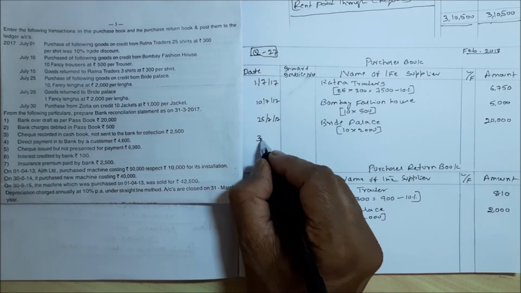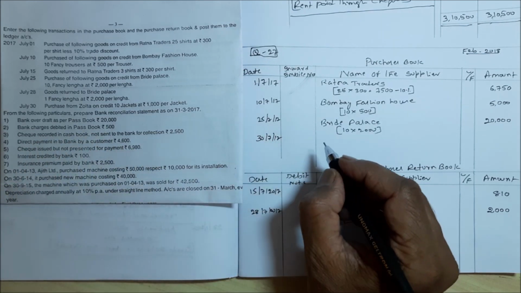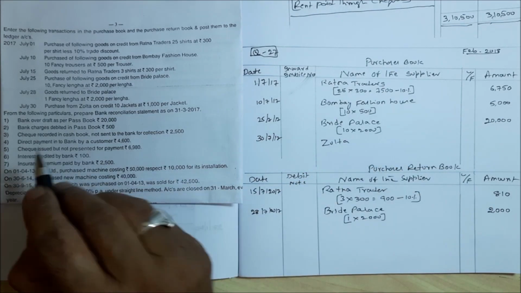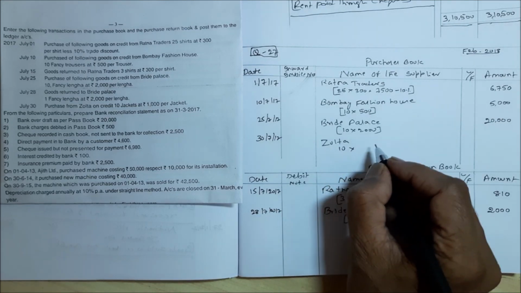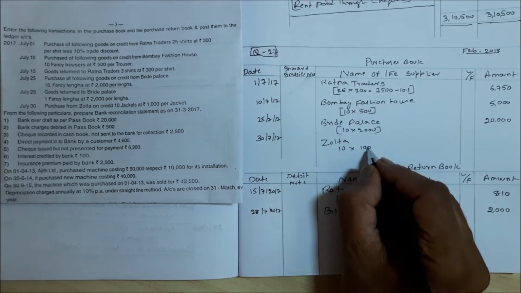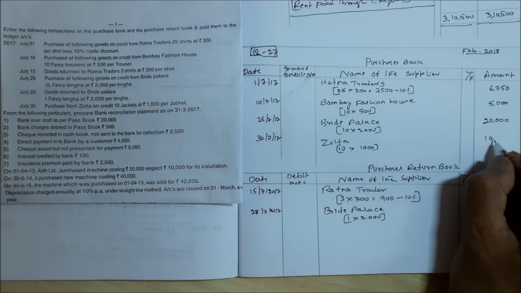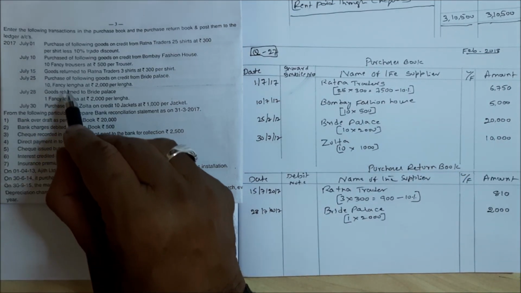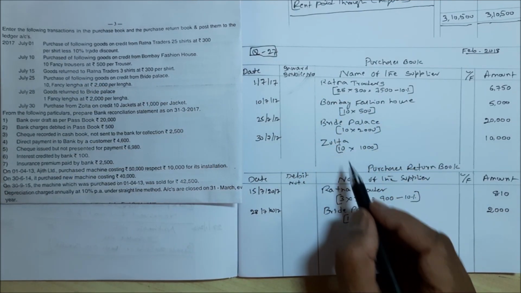30th July, purchase from Zolta on credit, 10 jackets, 10 into 1,000, it is 10,000. 1, 2, 3, 4, 5, 6.